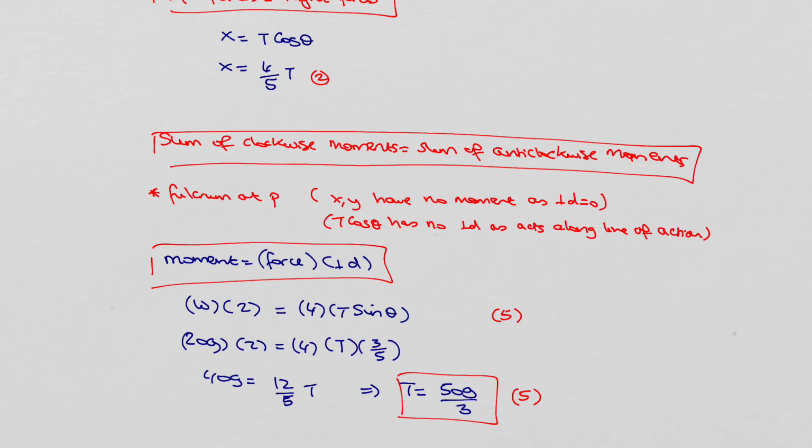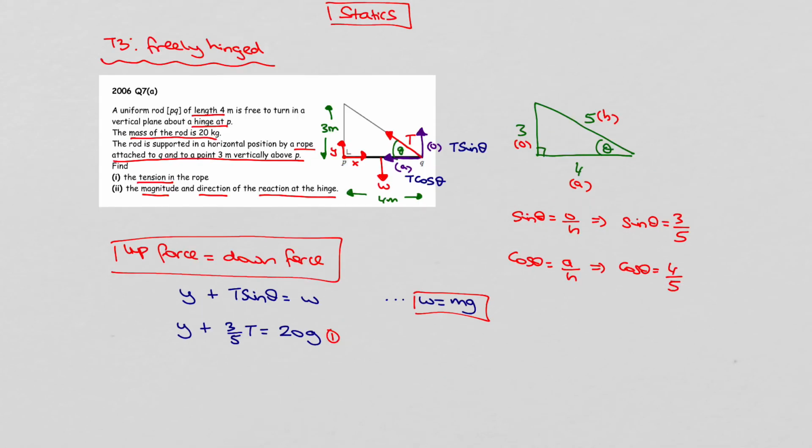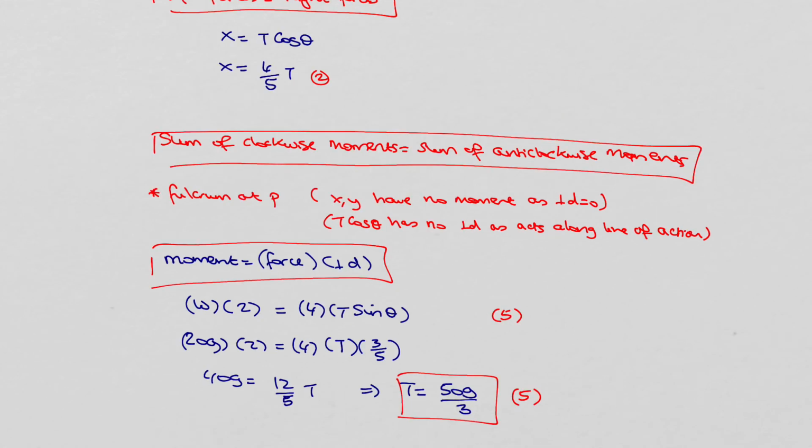And then obviously for the next part, we're looking for the magnitude and direction of the reaction at the hinge. So we've already found Y in terms of T here, so I can rearrange and sub in for T, and that'll give me Y. And we have X in terms of T. So we can use these 2 equations now to work out what Y and X are.